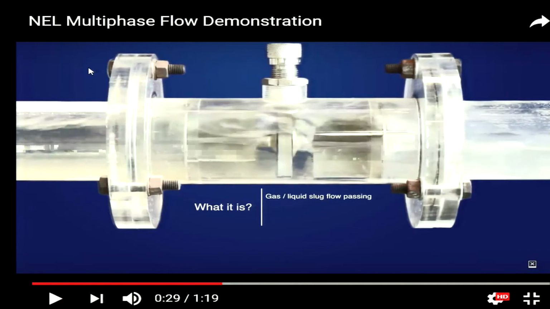Now, here is another interesting example. Let us say I want to measure this flow rate. What kind of flow meter should I use? What do you think? Orifice flow meter?